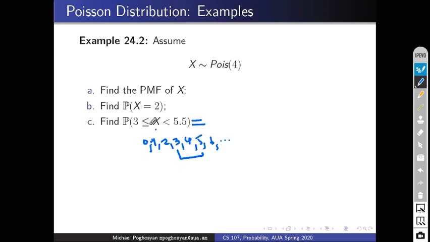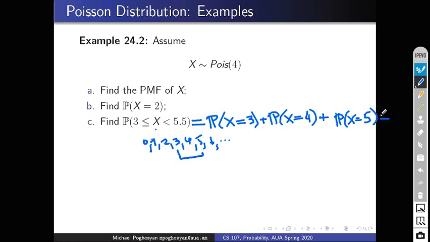So x can be either 3 or 4 or 5 to satisfy this inequality. So this is the sum of probabilities that x will take the value 3, plus x will take the value 4, plus the probability that x will take the value 5.